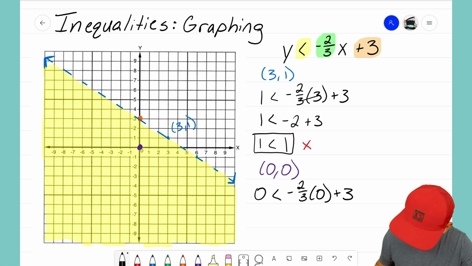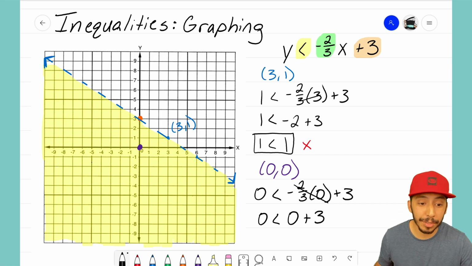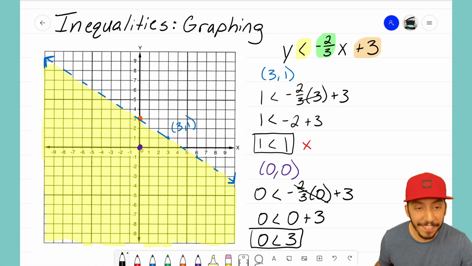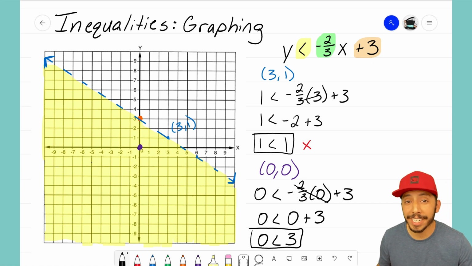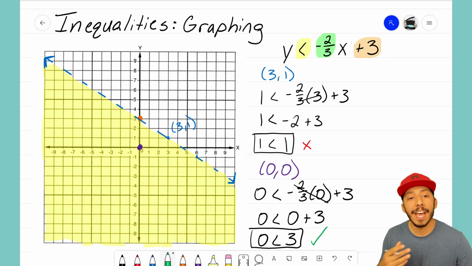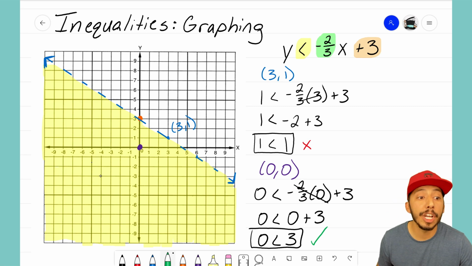Well, 0 times negative 2/3 cancels away, so I'm left with 0 is less than 0 plus 3. And 0 plus 3 is 3. So looking at that final statement, 0 is less than 3, that is a true statement. I can put a little green check mark next to it. That tells me that we shaded correctly. Had this come out as a false statement, then we would know that we had shaded incorrectly. But we're good. Green check mark means we shaded correctly.